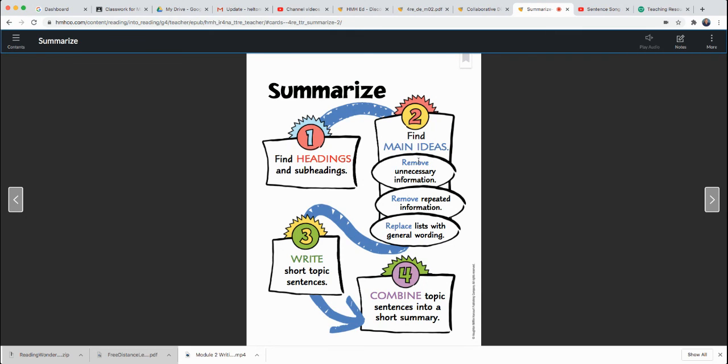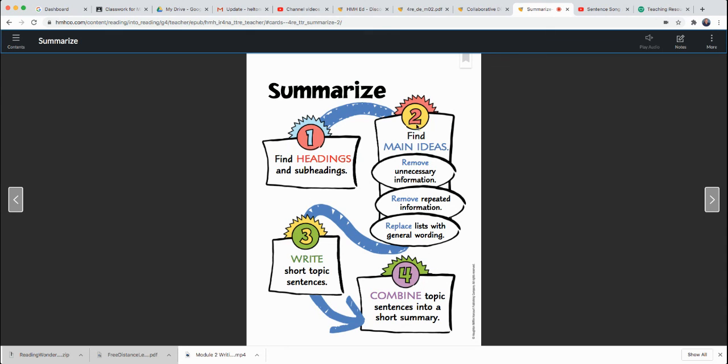We could find the main ideas of it, that we have to have light to see, that we could find information about the pupil and the retina. The parts of the eye would be a main idea. Animals' eyes would be a main idea. We could write short topic sentences if we were going to summarize it in a paragraph, and we could combine it into a short summary.